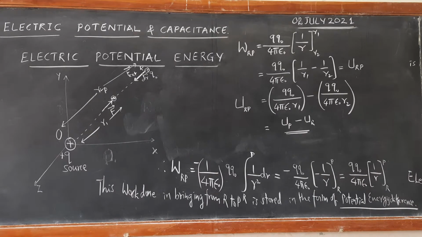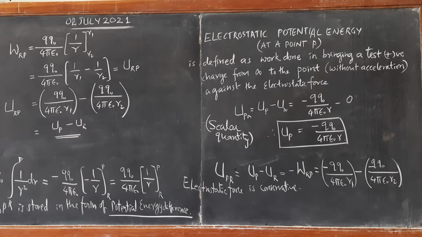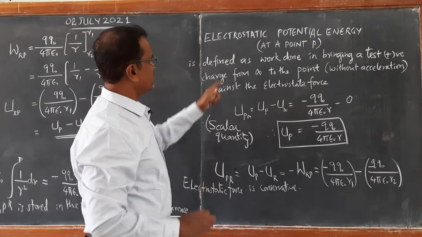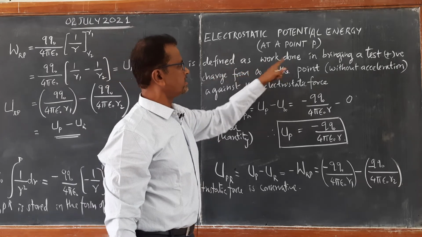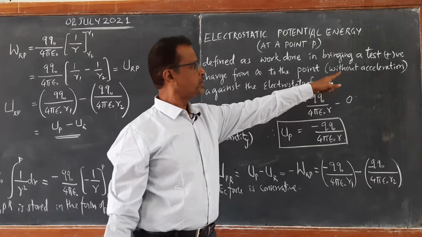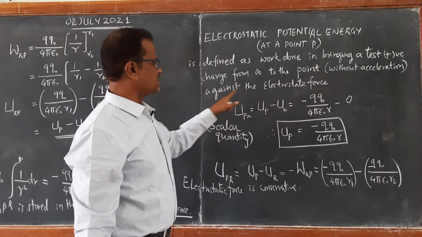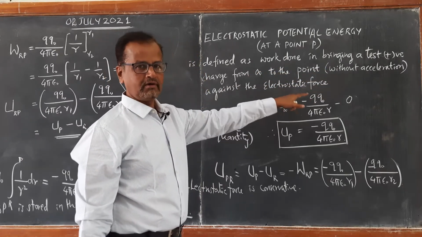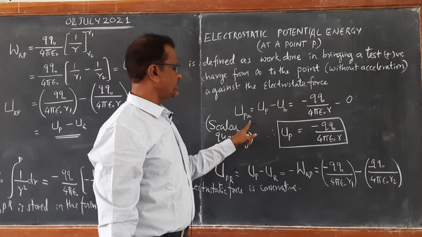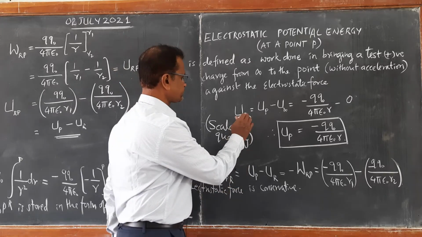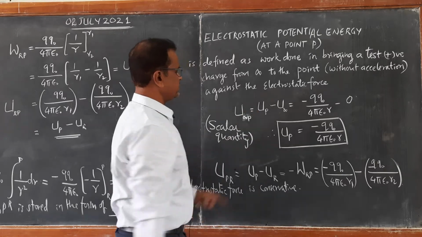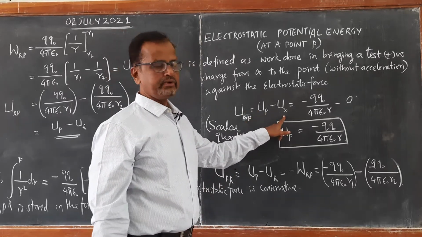Okay. Now, potential energy at a point, as we have defined earlier, I also want to correct. See here, finally we defined what electrostatic potential energy is. Electrostatic potential energy is defined as the work done in bringing a test positive charge from infinity to the point under consideration, without acceleration, against the electrostatic force of repulsion in this case. So, it is U infinity to P, which is UP minus U infinity.